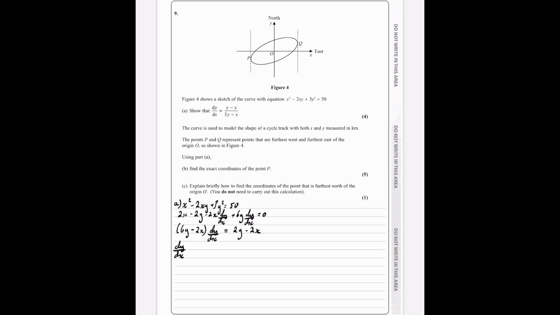And then if we divide both sides by 6y minus 2x, we can actually factorize that straight away. I'm going to factorize the numerator. You didn't have to factorize before cancelling these 2's. You can cancel them later, that's absolutely fine as well. But we get y minus x over 3y minus x, which is what the question wanted.